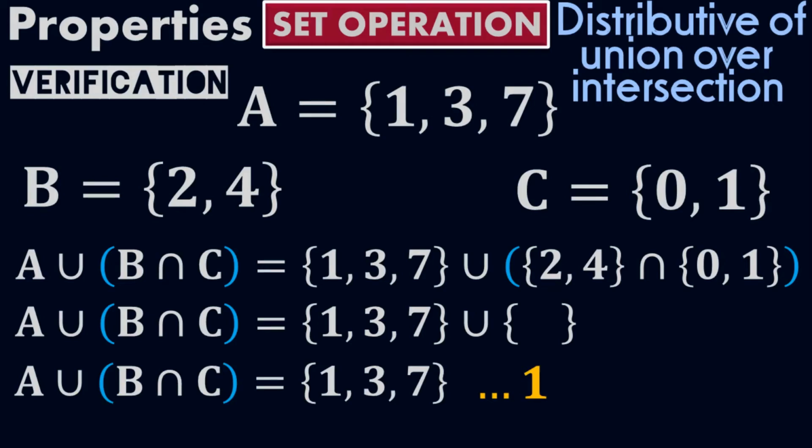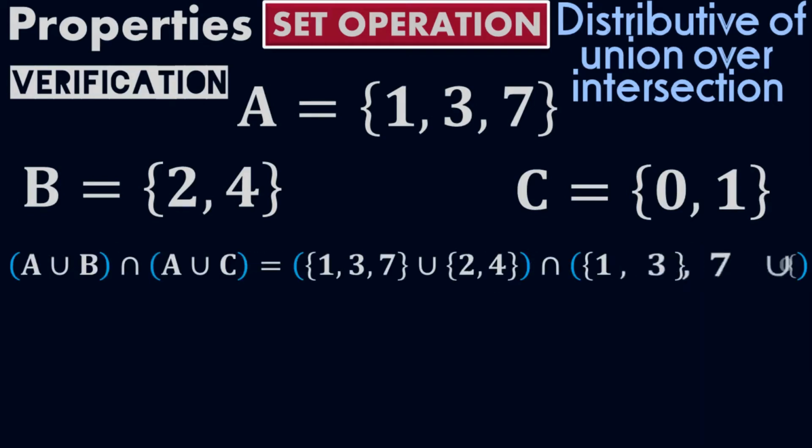Now let's pick the right side of this property, which is (A union B) intersection (A union C). Plug in the value of A, which is {1, 3, 7}, then the value of B, which is {2, 4}. Plug in the value of A again, {1, 3, 7}, and the value of C, which is {0, 1}.